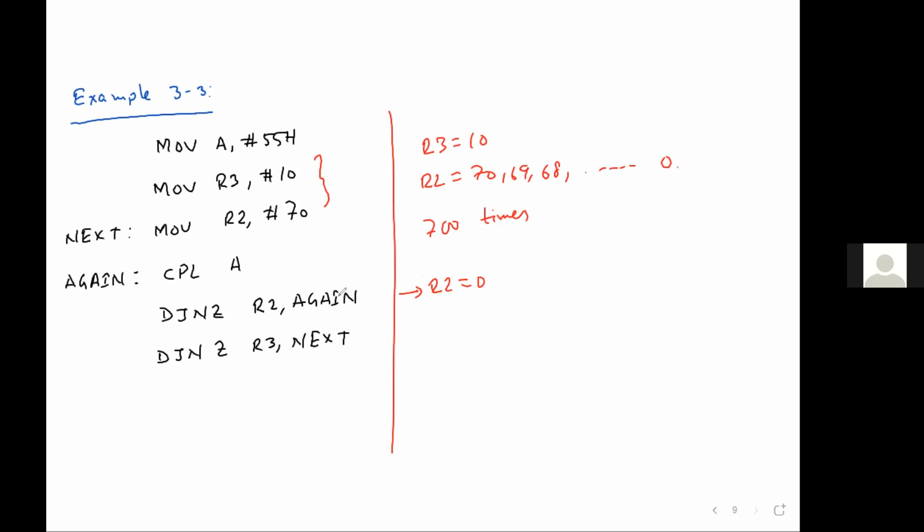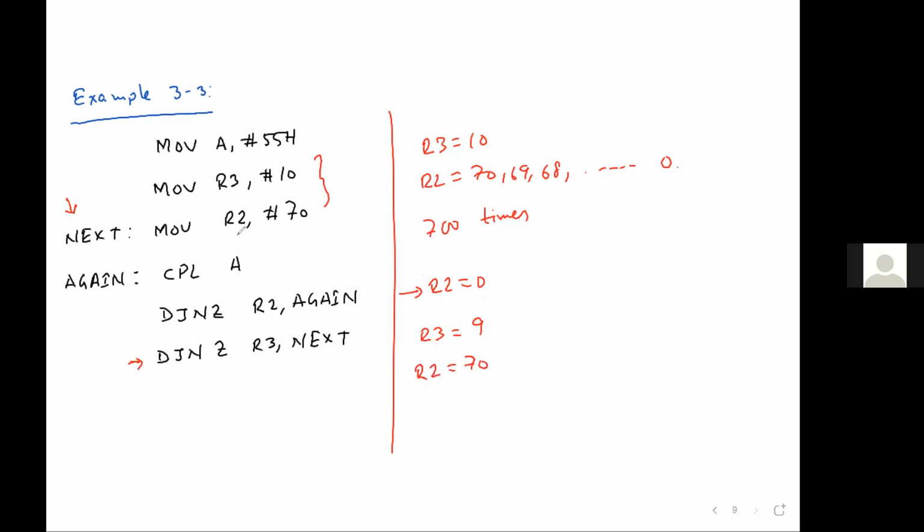So your assembler will come over here and decrease R3. Now R3 will become 9, and it will jump to next. When you go to next, you see you are again moving 70 to R2. R2 was previously 0. Now once again your R2 is loaded with 70.